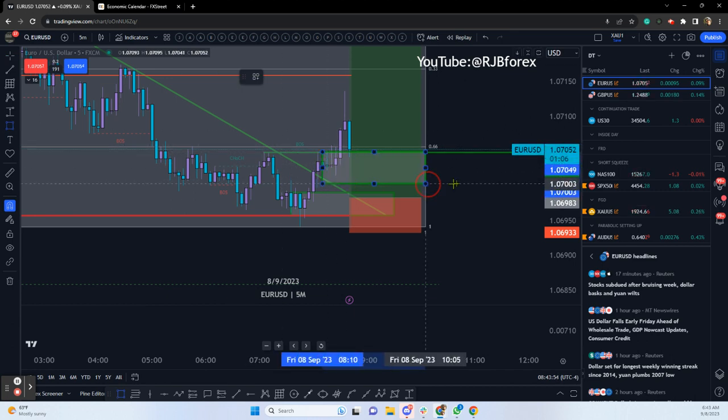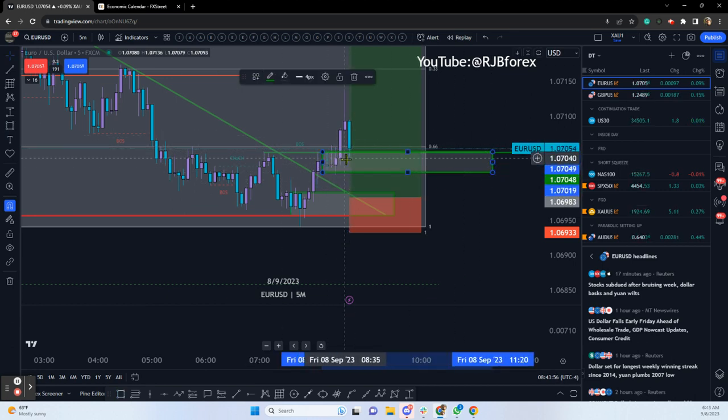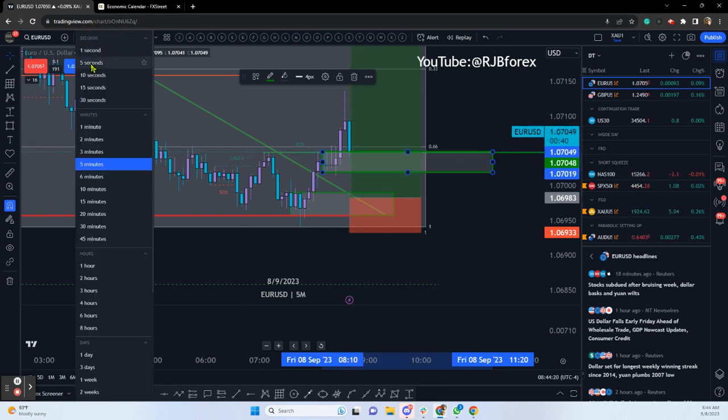What you can do is you can take a long. I mean, that's a very strong correction, so there's probably some mileage in it yet. But given this structure here, it could quite easily come into here, or I mean, it already has, and peter out and move higher from there.